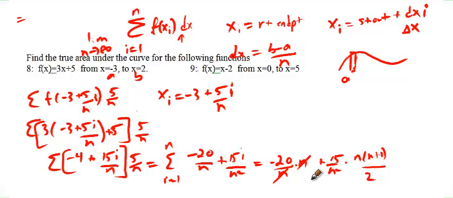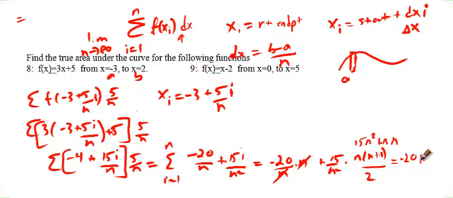Now you'll notice here that always you're going to have the same number of n's on top as on bottom. So I want to simplify this a little bit. We got a little bit of messiness over here. So we have -20 plus, well, this would be 15n squared plus 15n, over 2n squared. If I want to do that both separately, that's fine.